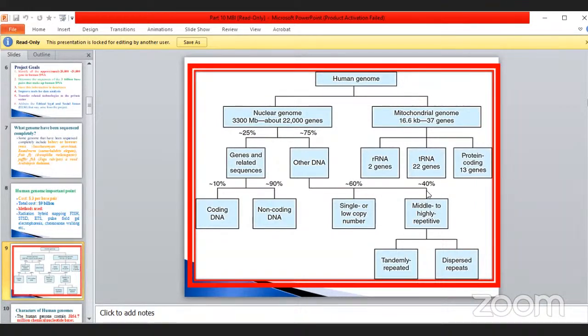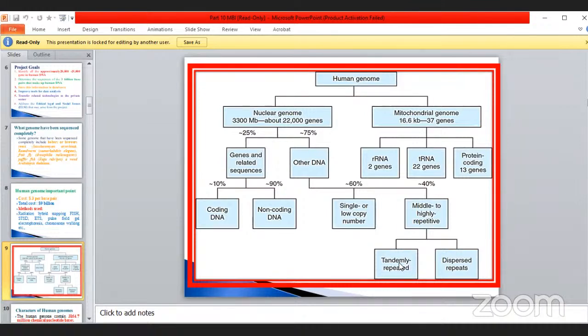Then again, the 40% is also divided into two: tandemly repeated, which is very, very important, and dispersed repeats. Tandemly repeated, what does that mean? Again and again repeated. A gene present 85 times repeated means tandemly repeated.